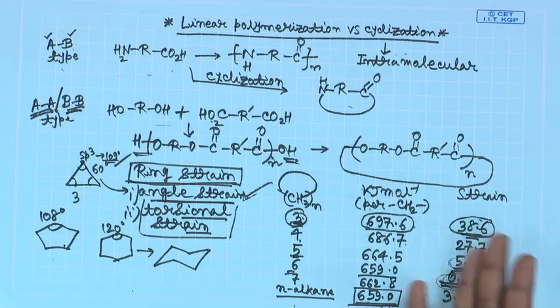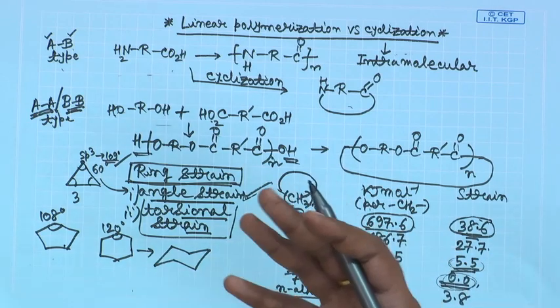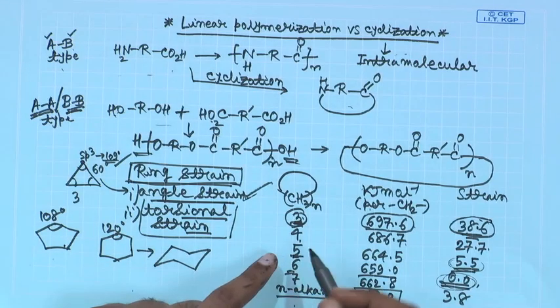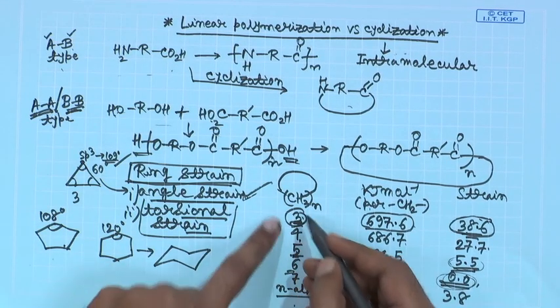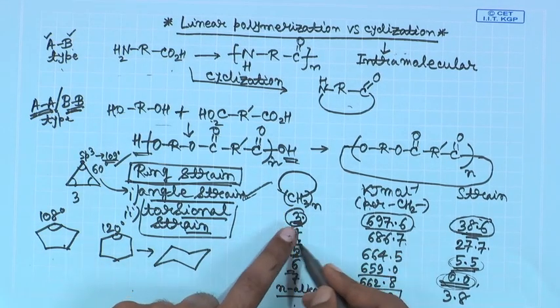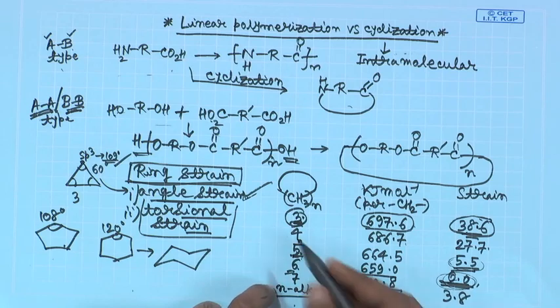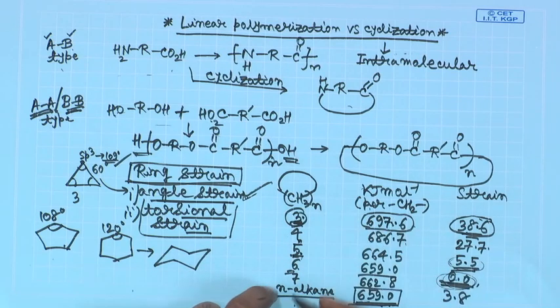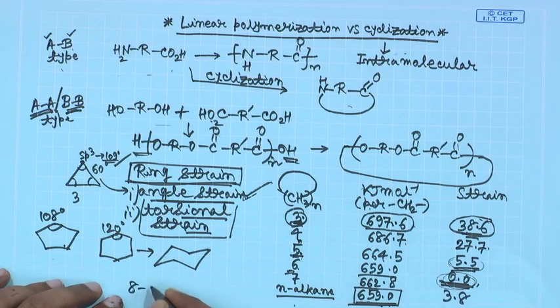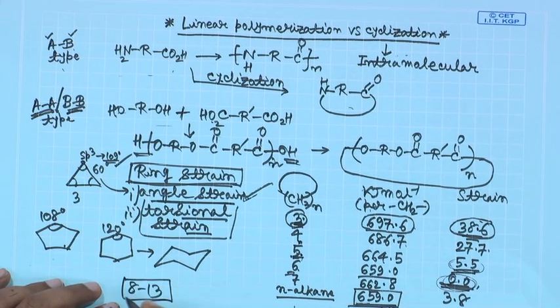So, ring strain can arise from angle strain as well as torsional strain. The ring strain decreases from 3 to 4, from 4 to 5 it decreases a lot, and when you go to 6 there is no ring strain. When you are looking at the higher rings, say ring number 8 to 13, again the ring strain will increase.